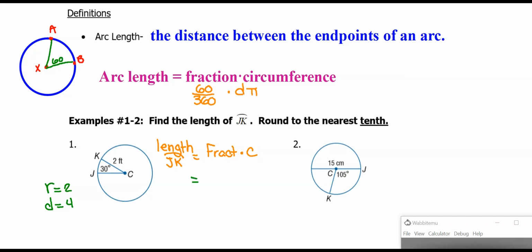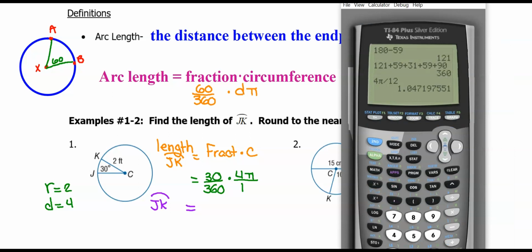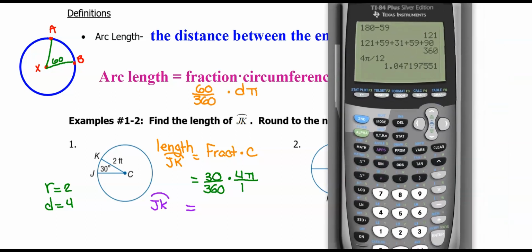The fraction I'm referring to is 30 out of the 360 possible times 4 pi, diameter times pi, and I'm going to put it all over 1. You could do some reducing here, but JK can be found in one quick typing into your calculator. Let's multiply all the top numbers of the fractions. So we're going to say 30 times 4 pi.